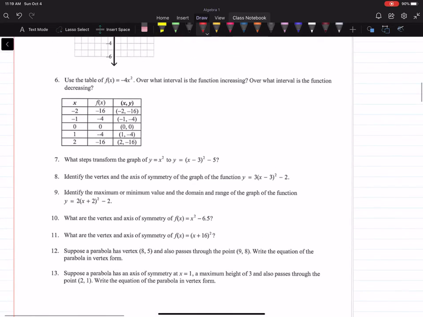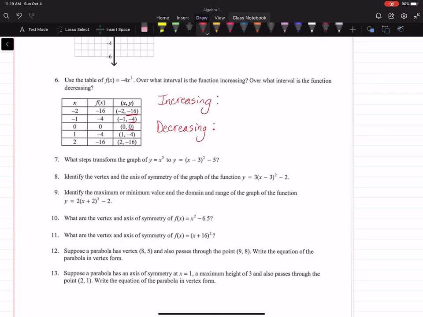Number 6 says, over what interval is the function increasing? Over what interval is the function decreasing? Increasing means it is going up, and decreasing means it is going down. As you can see here, it goes from -16 to -4, that's going up, to 0, still going up, and then to -4, back to negative.